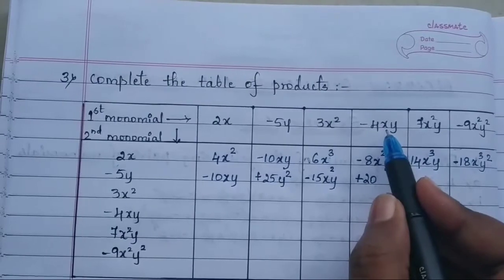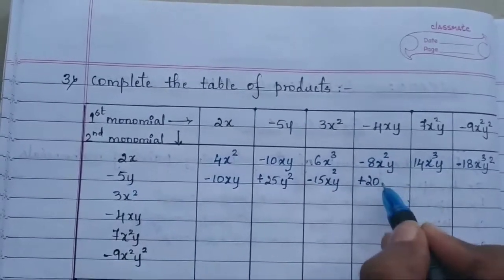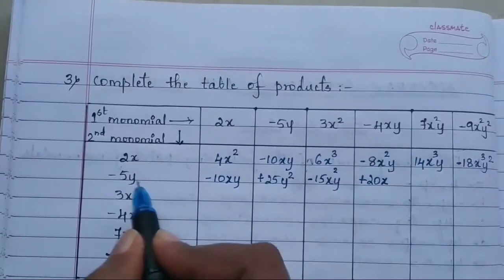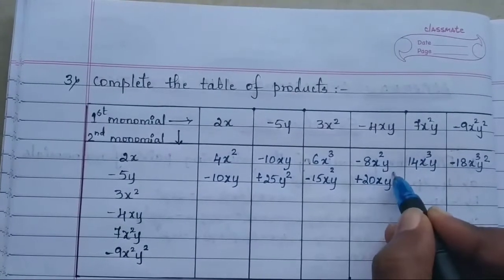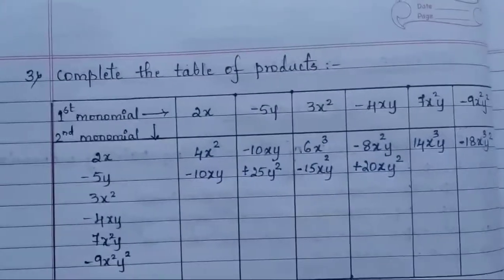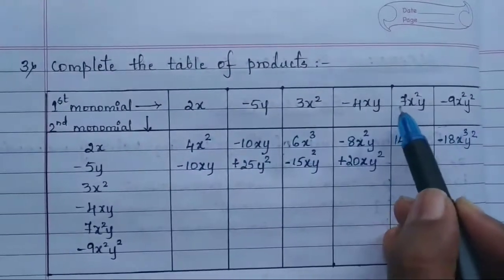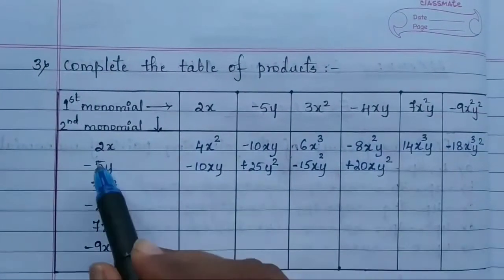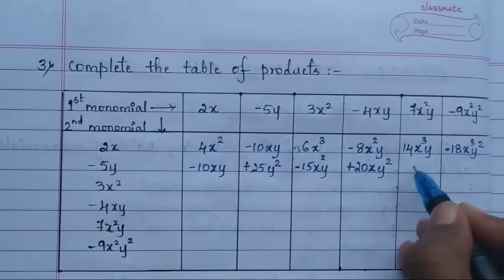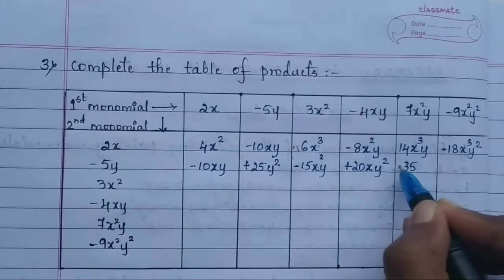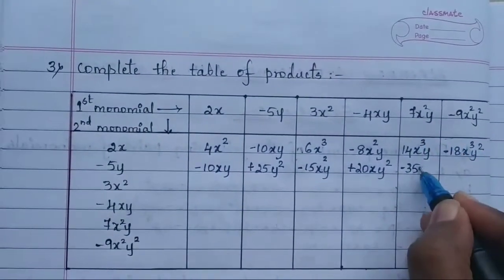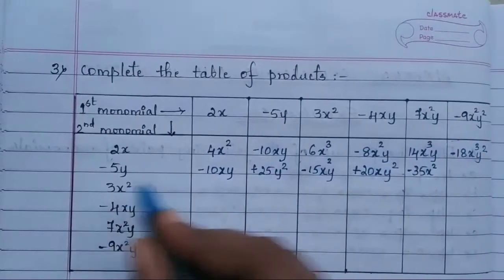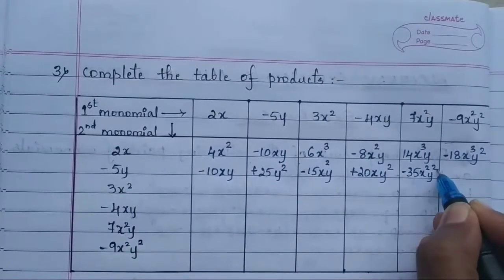Okay, here there is no x, so x will be as it is and y into y is nothing but here it will become y square. Then the next question, 7x square y is given. 7 into minus 5, 7 5s are 35 and minus will be as it is. X square will be as it is and y into y is nothing but again y square.